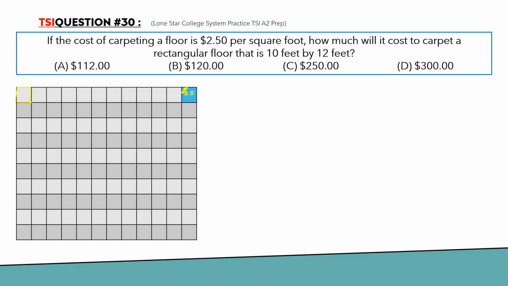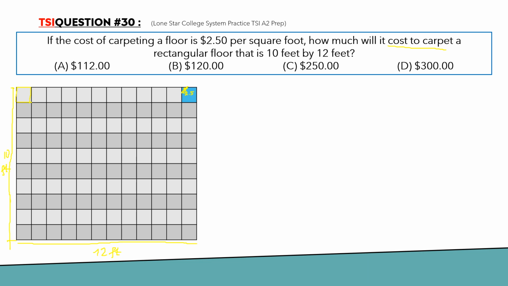Now we have to find out, if we have 10 feet right here for the width, and then we have the length at 12 feet, how much is it going to cost to carpet it?